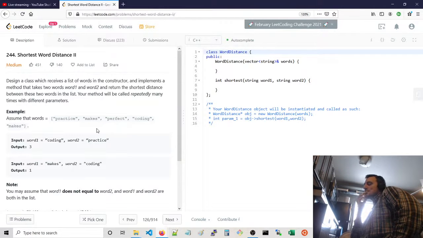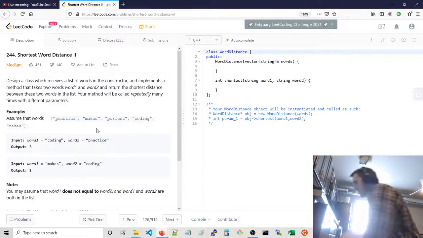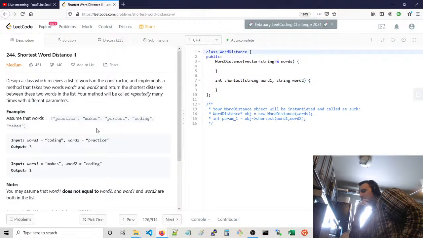That's an interesting question. I think you could still make it pretty fast, but that is an interesting query. If you just had two lists of numbers and you wanted to find the two numbers with the smallest absolute difference, I've seen that. That's a concept that comes up in different questions.